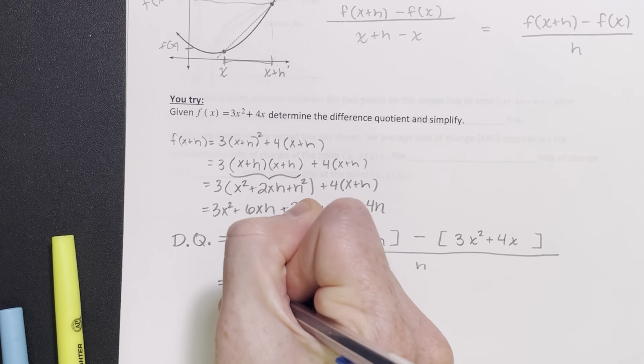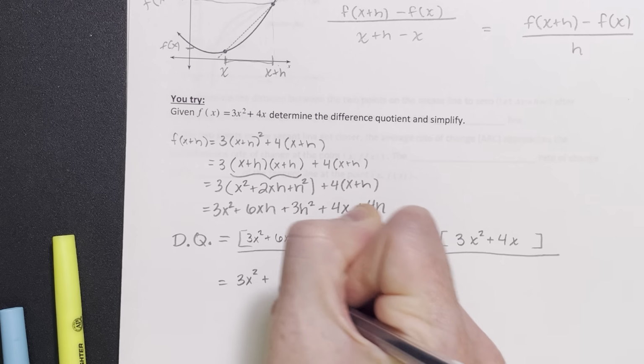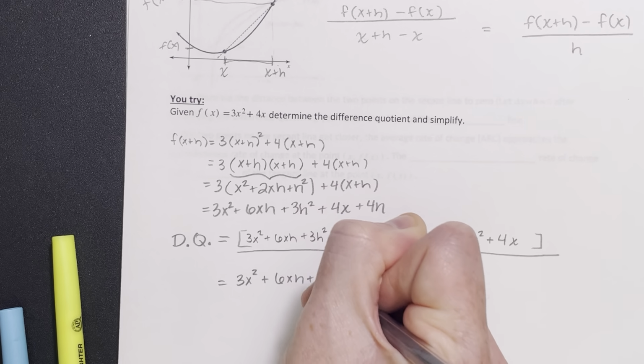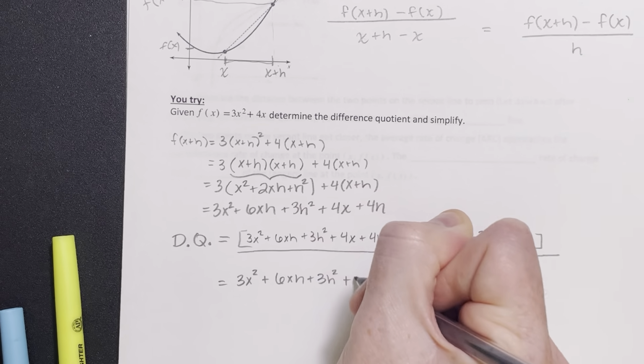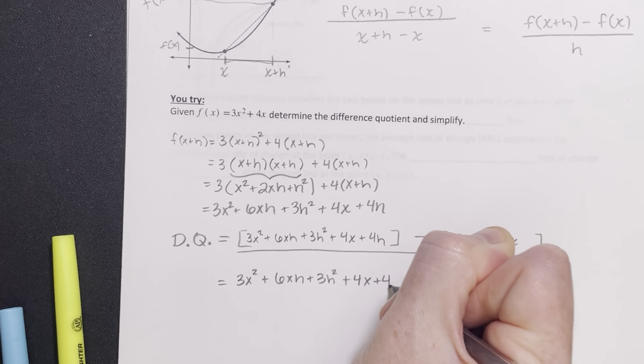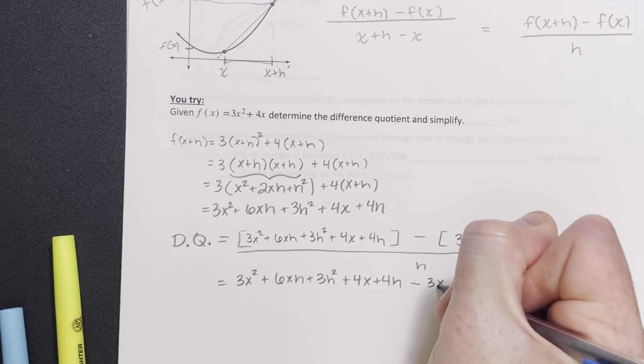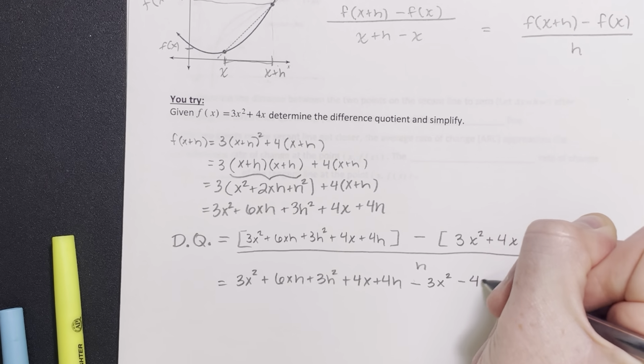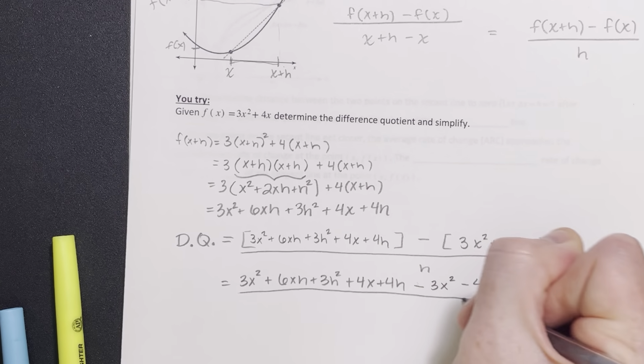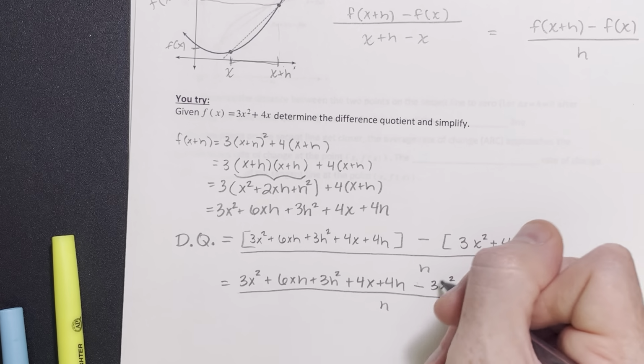By simplifying that numerator, I get 3x squared plus 6xh plus 3h squared plus 4x plus 4h. There's that f of x plus h. We're subtracting the 3x squared and subtracting the 4x, which will let me simplify the numerator.